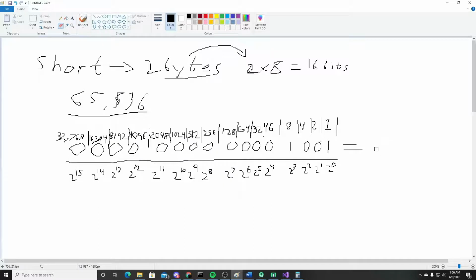So for example, let's get rid of all of these zeros. I've gone ahead and replaced all of the 0 bits with 1s. So now all of the bits in this short, these 16 bits, are all 1s.